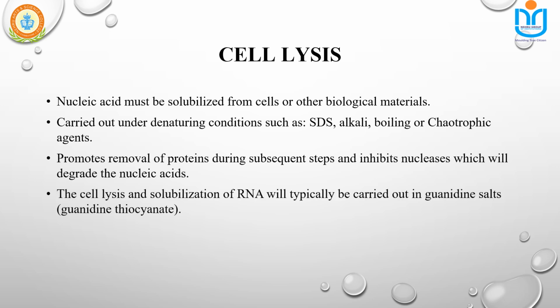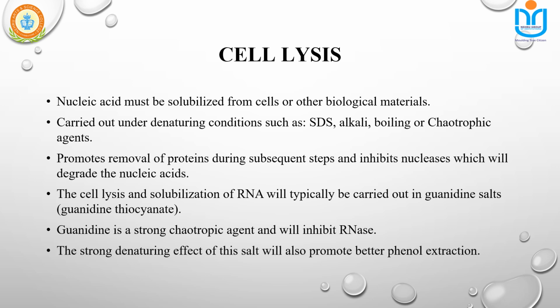The cell lysis and solubilization of RNA will typically be carried out in the guanidine salt, guanidine thiocyanate. Guanidine is a strong chaotropic agent and will inhibit RNase. The strong denaturing effect of this salt will also promote better phenol extraction.